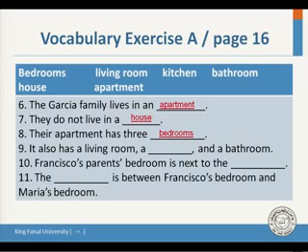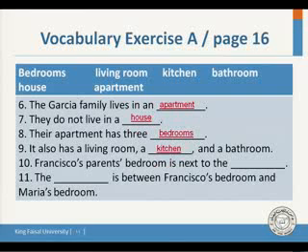There are 3 bedrooms in their apartment. Sentence 9. It, which means their apartment, also has a living room, blank, and a bathroom. What does it have? It has a kitchen. A kitchen.